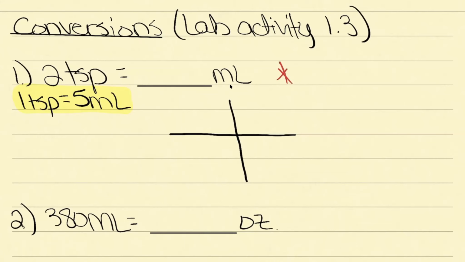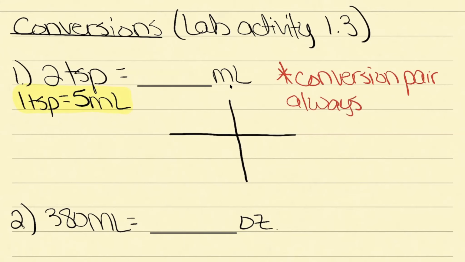The conversion pair always goes on the left side of the cross. Oh, I'm writing it so sloppy.